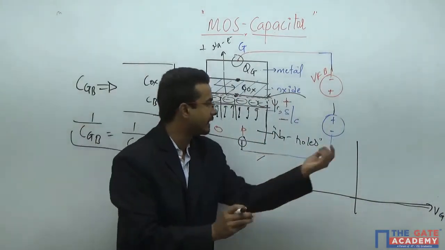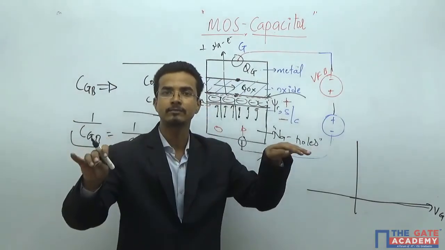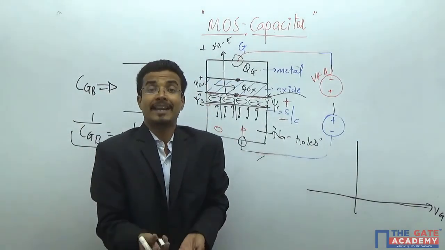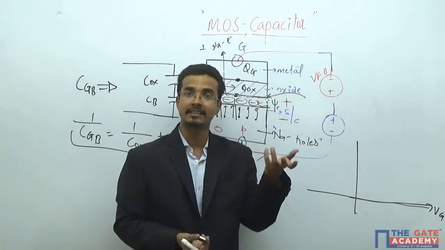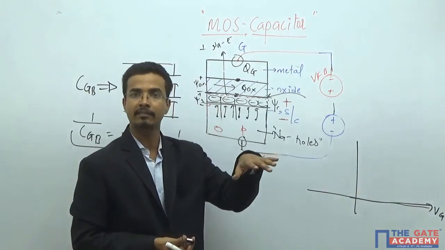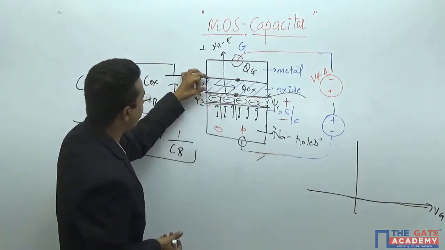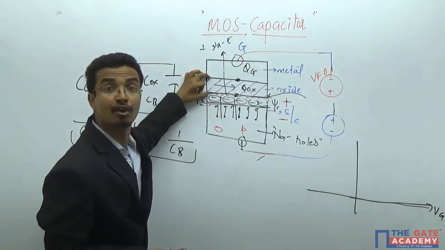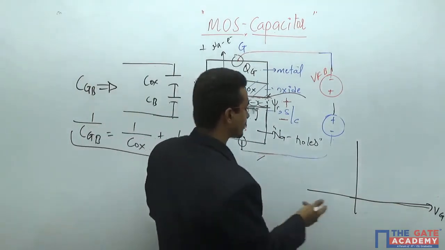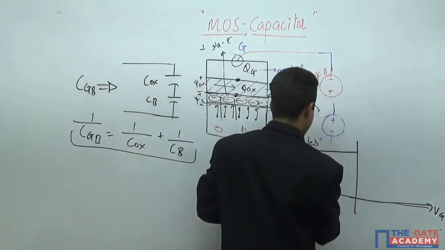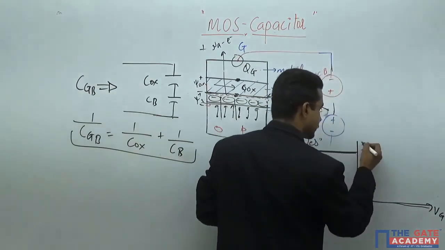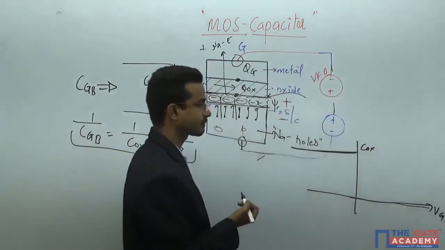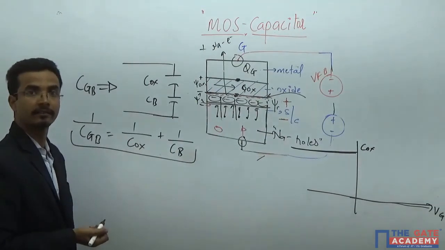Either you will not get anything, depletion, flat band, or you will get holes, accumulation regions. And holes are mobile charge carriers, they will not contribute in the capacitances. That means only the capacitor across this oxide you will get. So before this, this much is the capacitance which you will get. And this is COX, oxide capacitance.